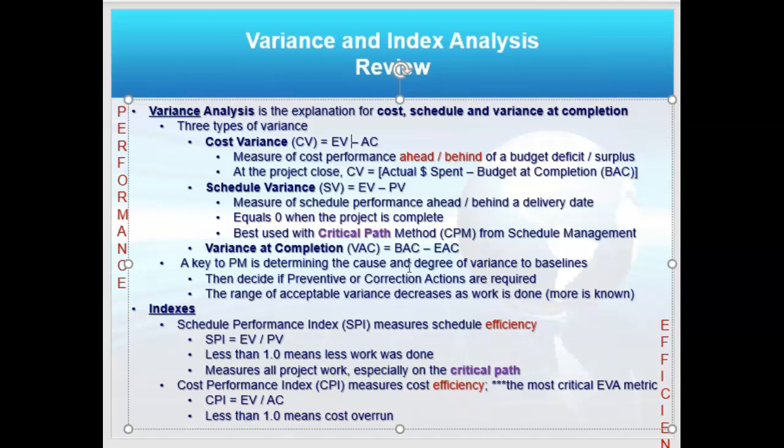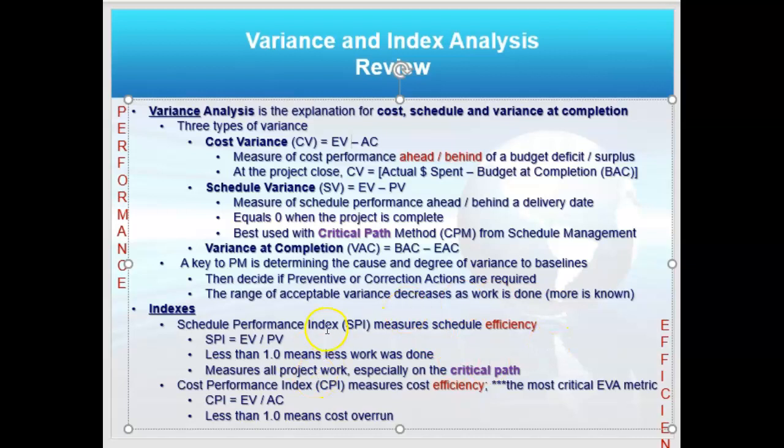So for a schedule variance, you always have EV first. It has nothing to do with cost, so it's not AC. The only variable left is PV. It's another way to think about it. So it's EV minus PV. There is one totalizer, variance at completion, and that's budget at completion minus estimate at completion.